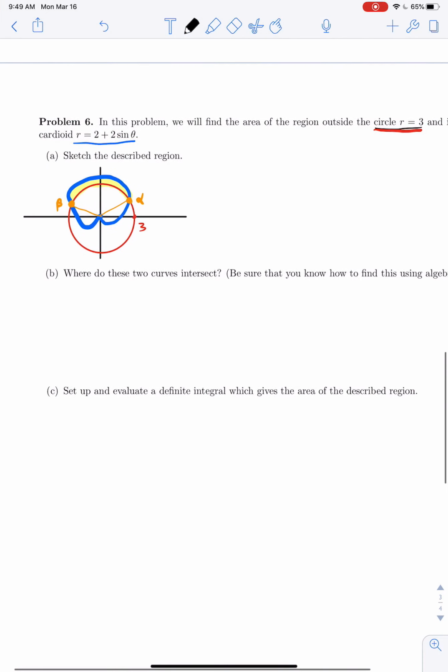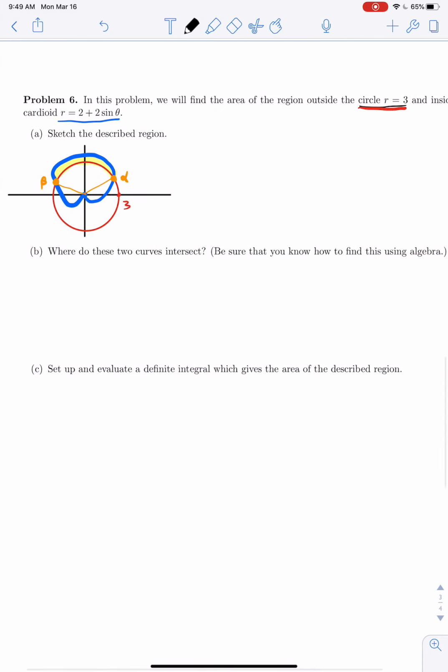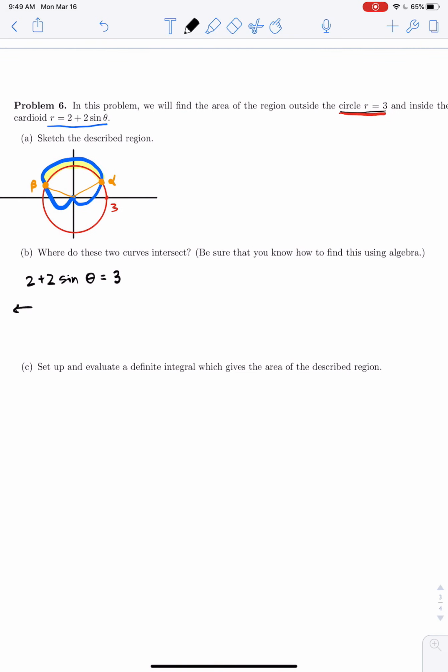Okay, so part B is asking exactly for that. So we are wondering where the curve 2 plus 2 sine theta, what value of theta makes the radius of that expression equal to the radius of the other expression. Well, this equation is valid if and only if this equation is valid, if and only if this equation is valid.